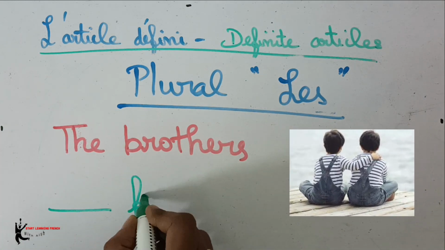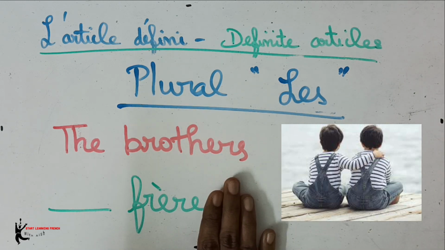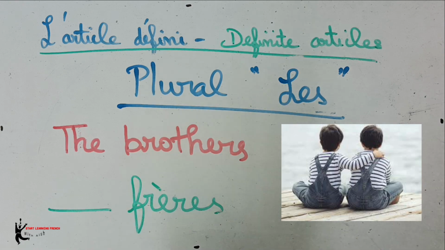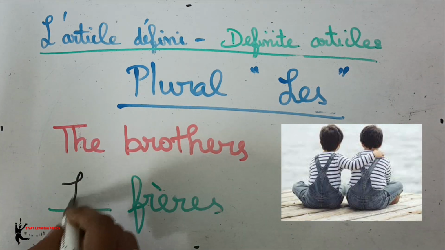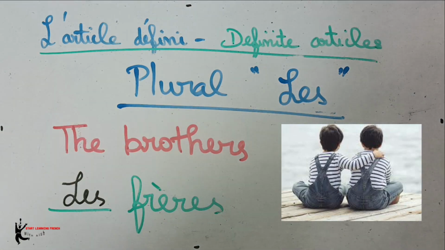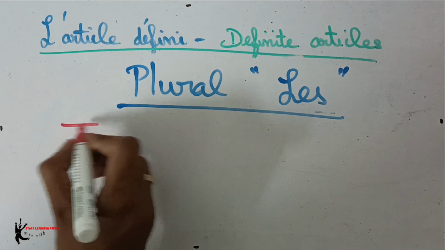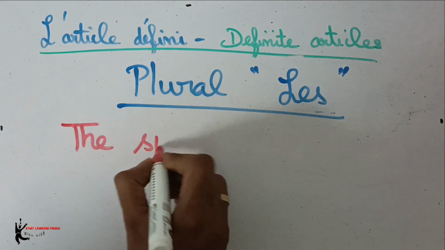Frères, with an S. Okay, it's plural. For singular it is frère and for plural it is frères. So what will you use for the definite article plural? Les. Les frères, the brothers. Les frères. The sisters.